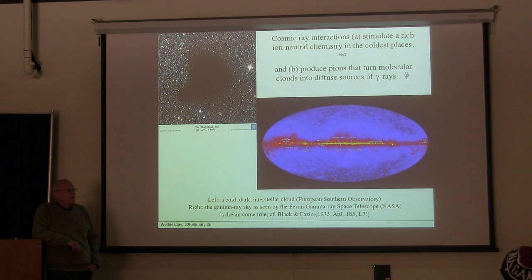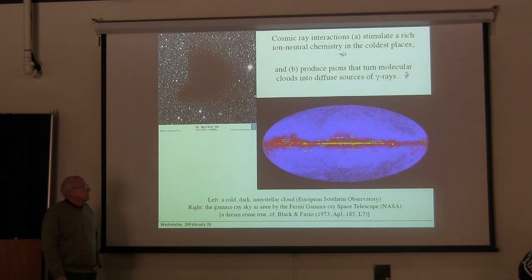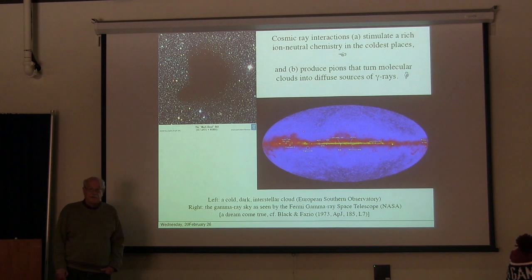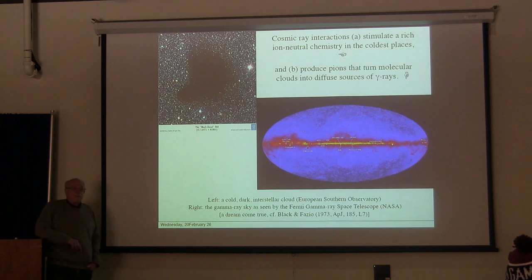And in particular, there's a process of the interaction of a cosmic ray proton with an ambient proton in a hydrogen molecule, if you like, that produces neutral pions. Pions decay in a characteristic way into a pair of gamma rays.